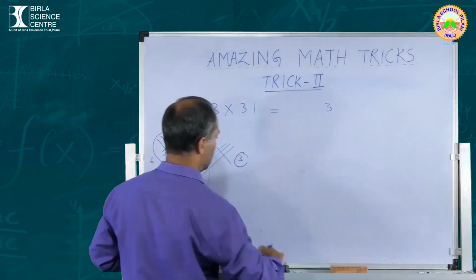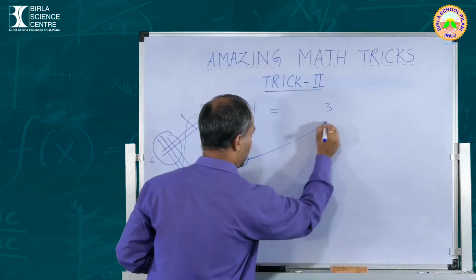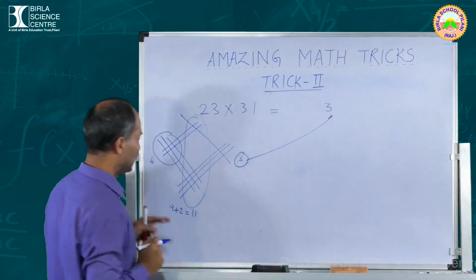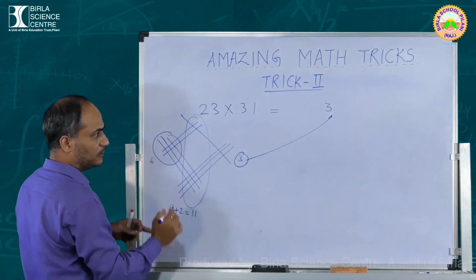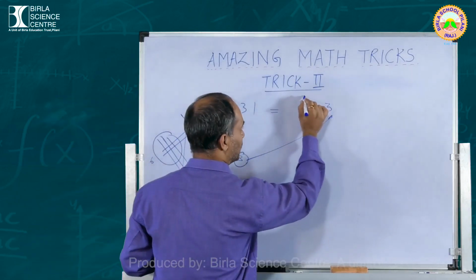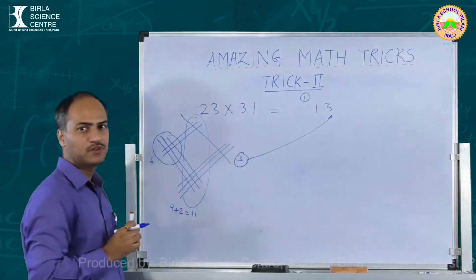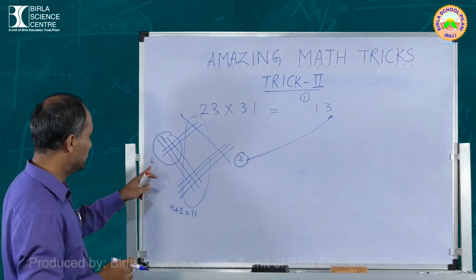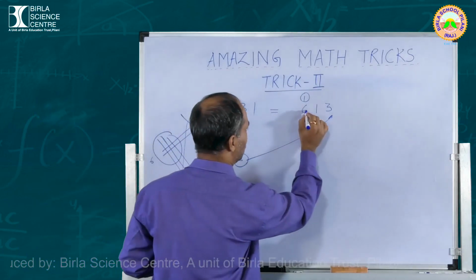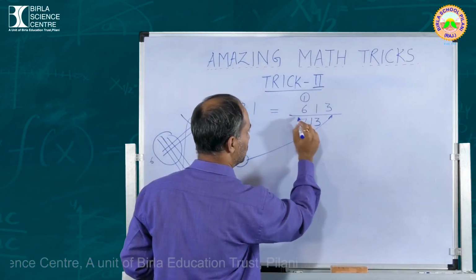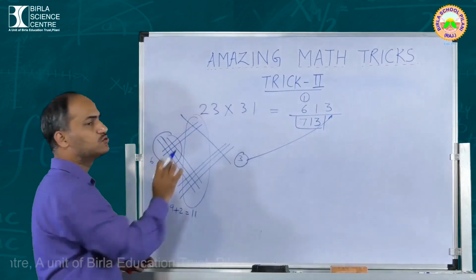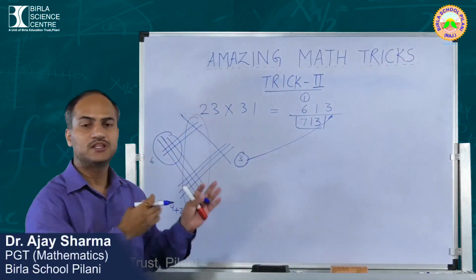This digit 3 will directly come here. Now the sum of these two, that is 9 plus 2, 11, this will come here and the carry 1 will be brought forward to the next place. Now 6 will come here. So on adding we get 713. This is the product of these two numbers by this trick.